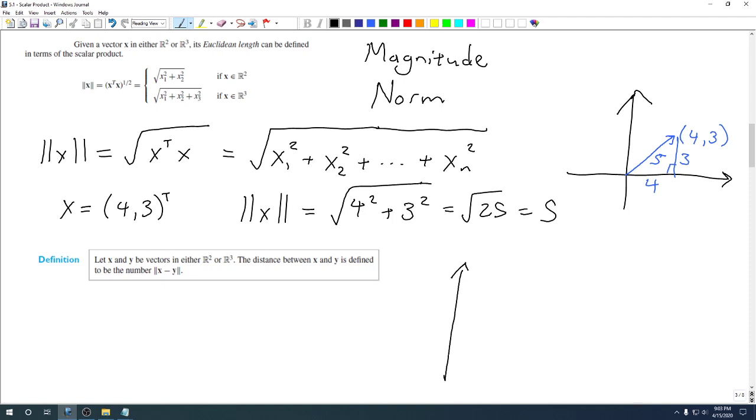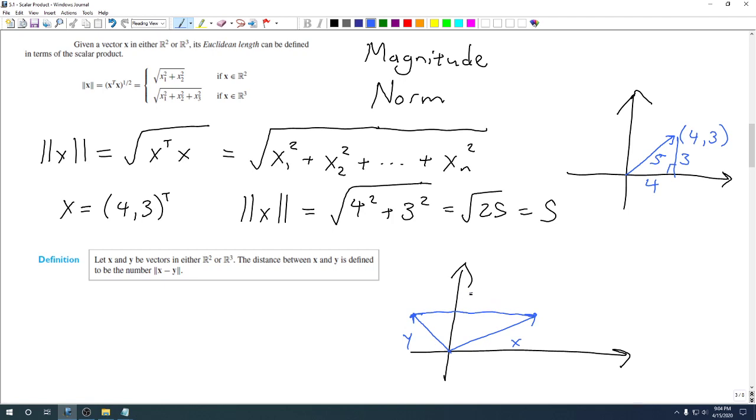So let's go ahead and draw another picture. We'll have a vector x, say that's x there. And maybe I'll put y over here. Let me start at the origin so it actually hits it. We have our y over here. We end up at different points. What is the distance between these 2 points?